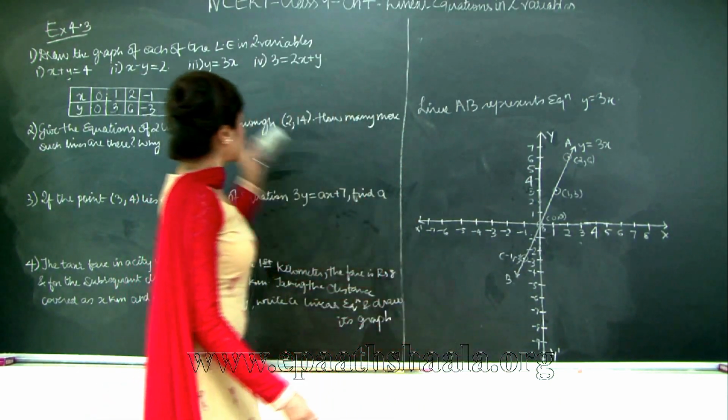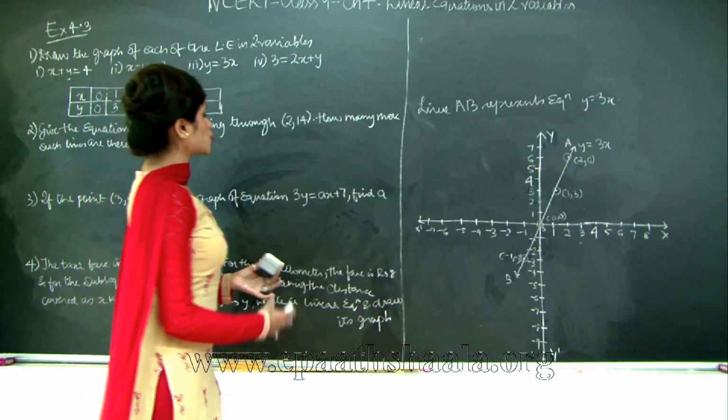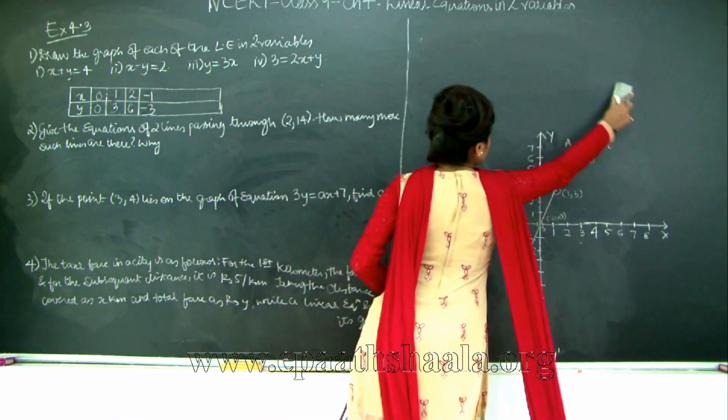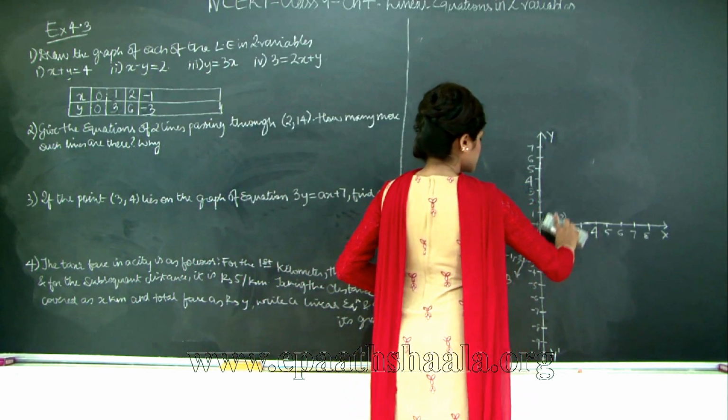Let us go ahead with the last question. 3 is equal to 2x plus y. But first I am just going to erase this.